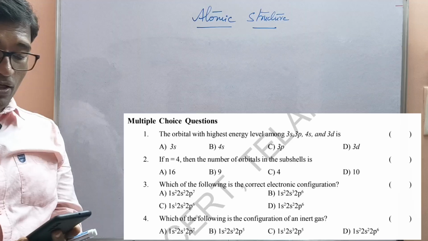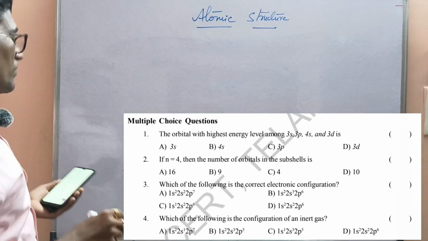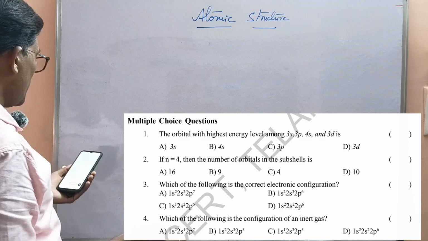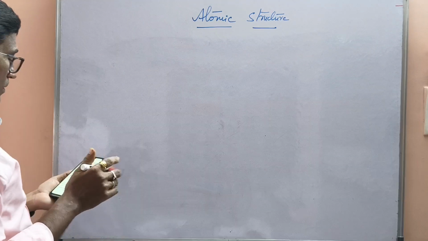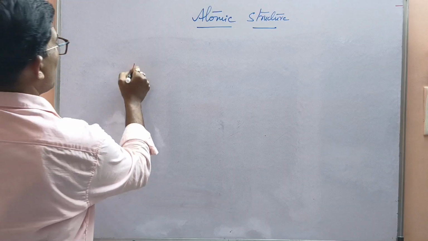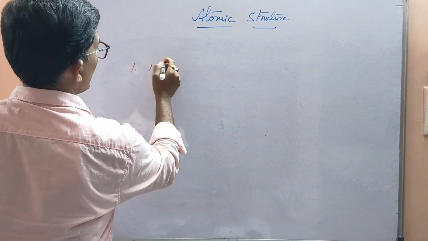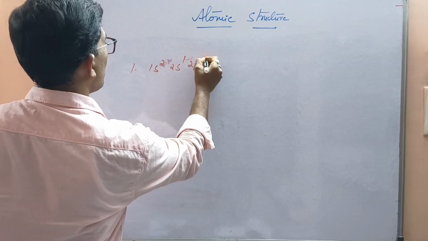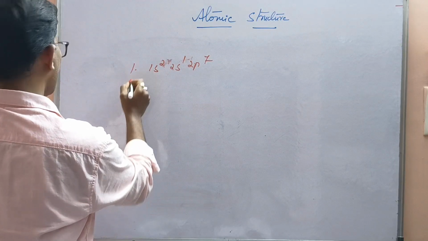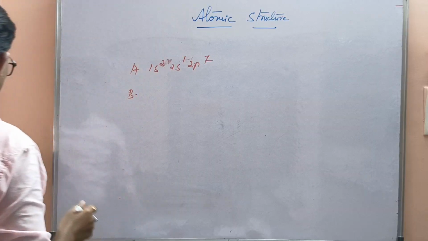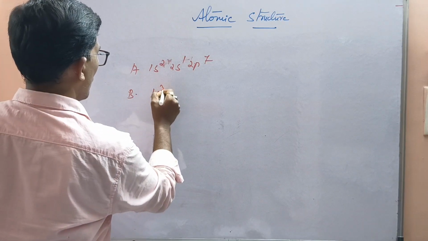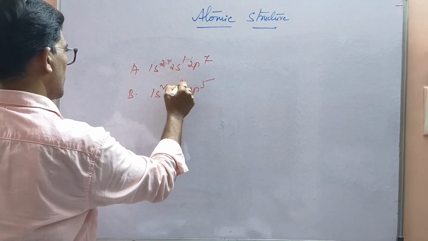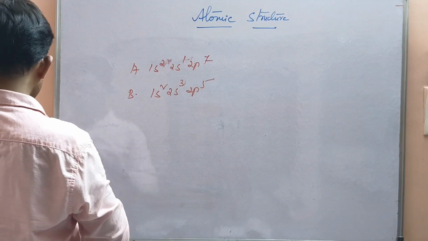Which of the following is the configuration of an inert gas? The options given are: A is 1s2, 2s1, 2p7. B is 1s2, 2s3, 2p5.